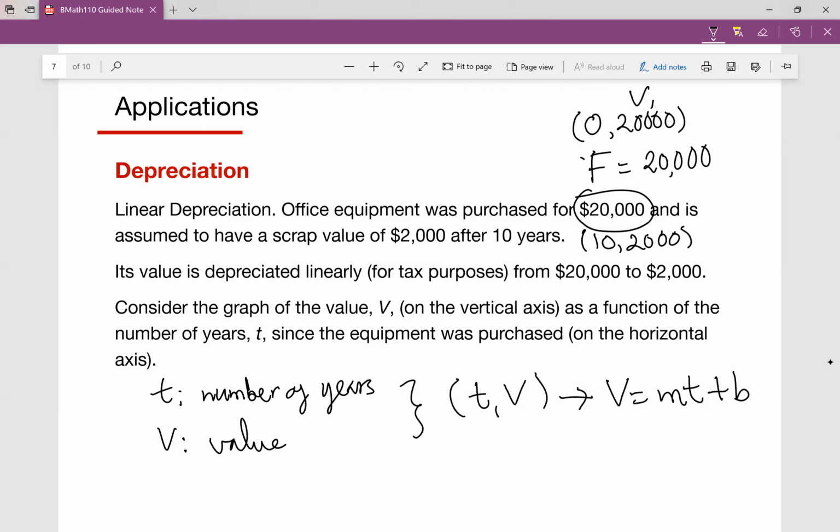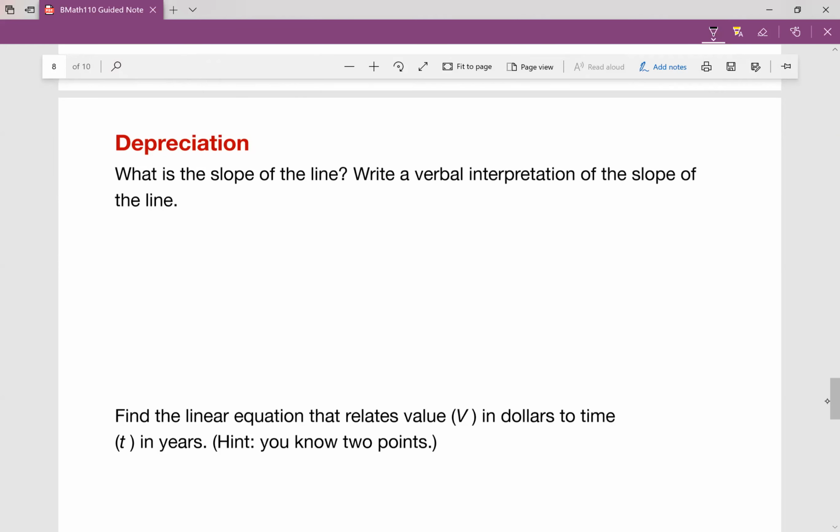So now let's move down. What is the slope of the line? Remember that you have 2 points. One was (0, 20,000). Another one was (10, 2,000). And it's in the form (T, V), right?